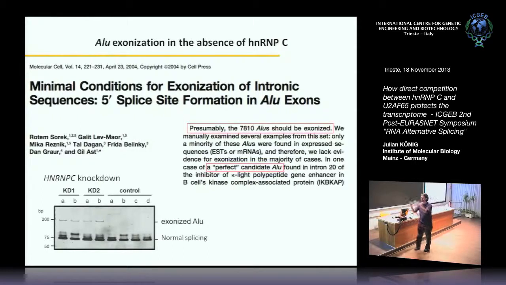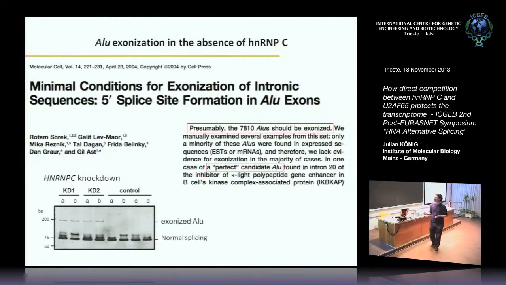Even though this inclusion was very faint, maybe 1%, at this point we were convinced that hnRNPC could have a major role in preventing the exonization of these Alu elements, and therefore we decided to do an RNA-seq analysis of hnRNPC knockdown cells.